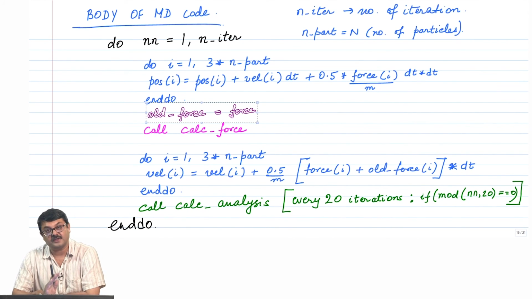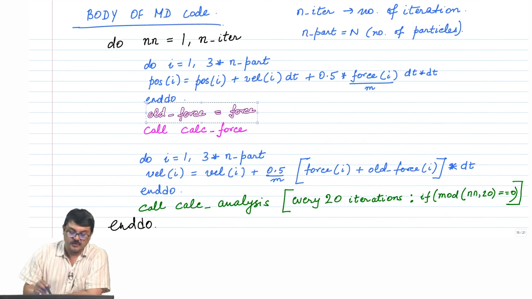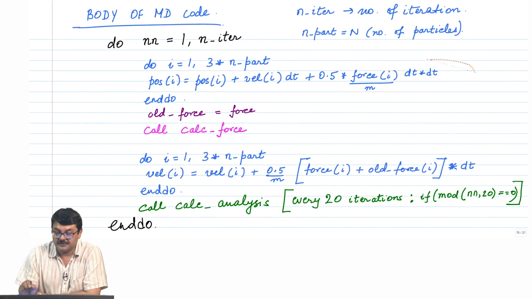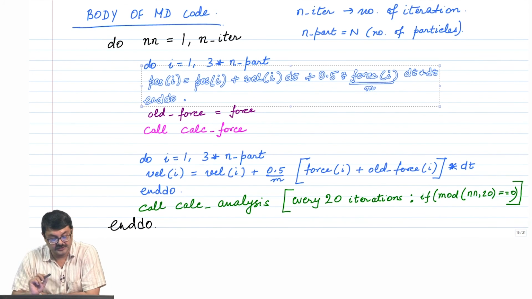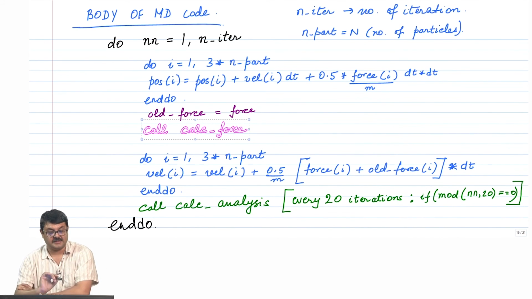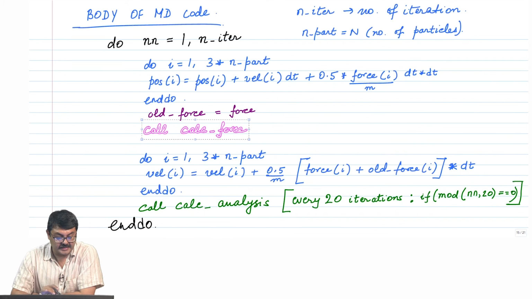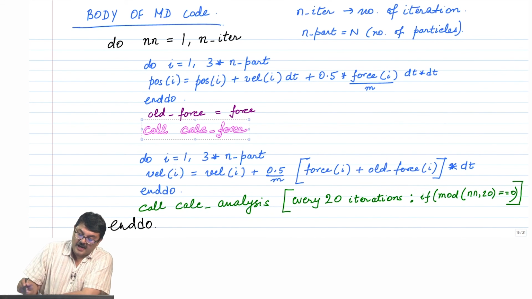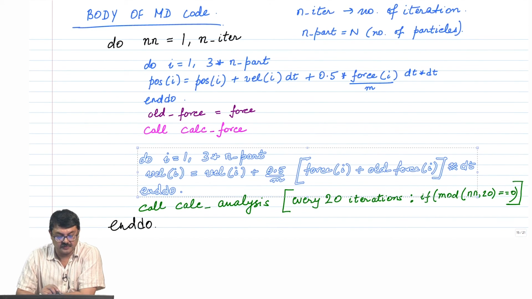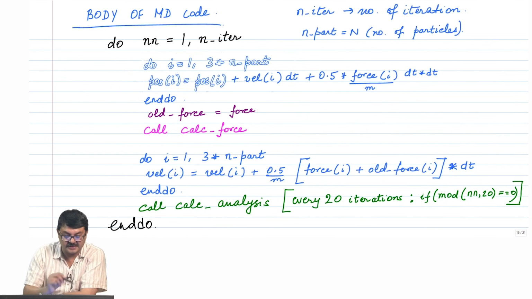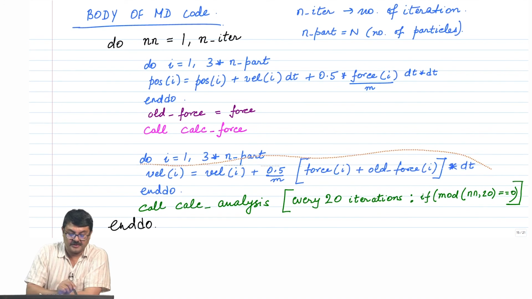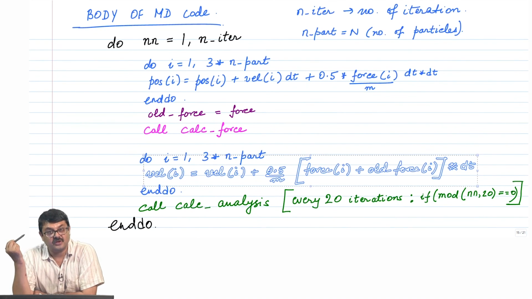Now that the older values of the force have been saved, you calculate the new values of the force, which will use this updated position, right. So you have to call calc force, and of course we are going to discuss this in greater and greater detail, and we have already discussed a bit. And then again you have a loop where I goes from 1 to 3 n part, exactly as here, because you have V x, V y and V z, and you are essentially updating the velocity.